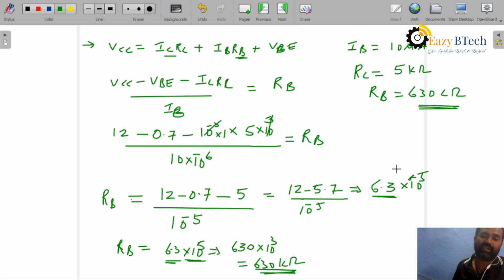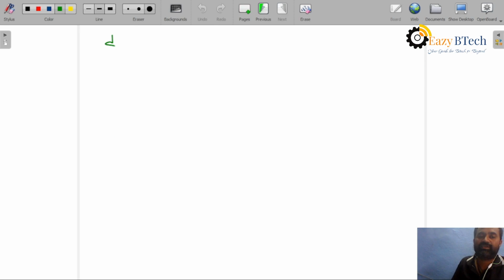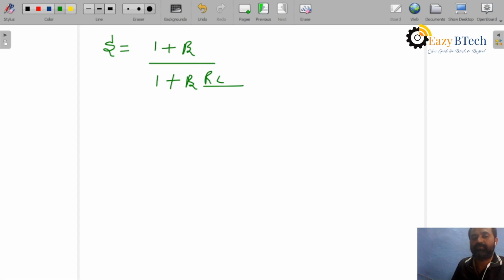Now by taking this into consideration, we will find out the stability factor. What is the stability factor equation? Stability factor is equal to (1 plus beta) divided by (1 plus beta RC by (RB plus RC)).